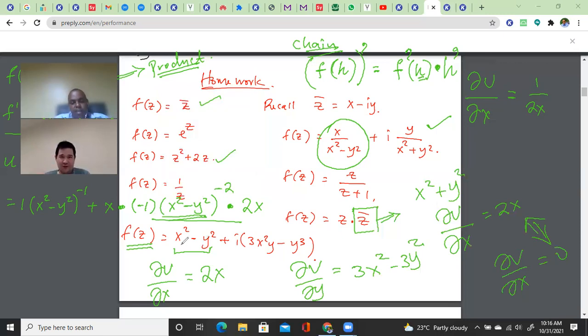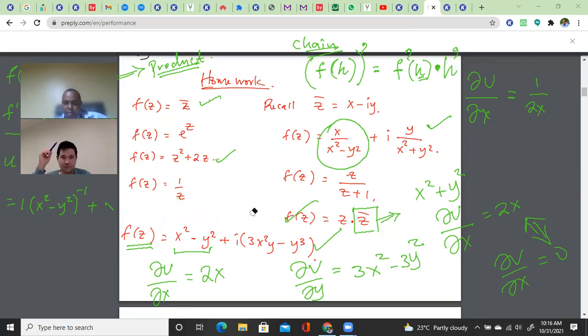Oh, I thought this was a z bar, x squared minus y squared. No, that's not. Okay. So you have also done that, and that. Which one else? I have a problem with the second one, the first one.